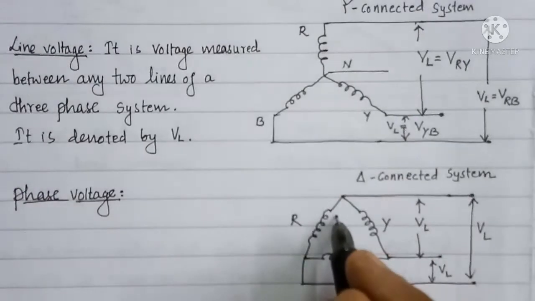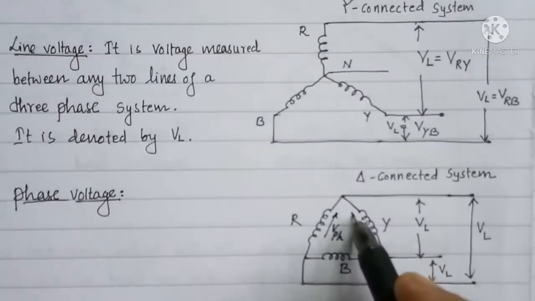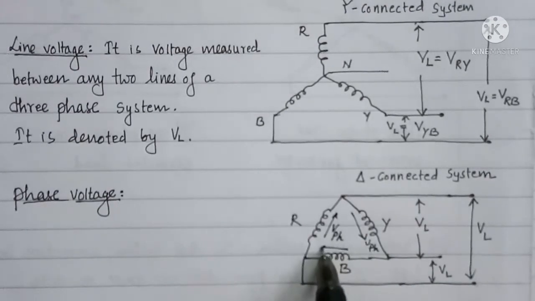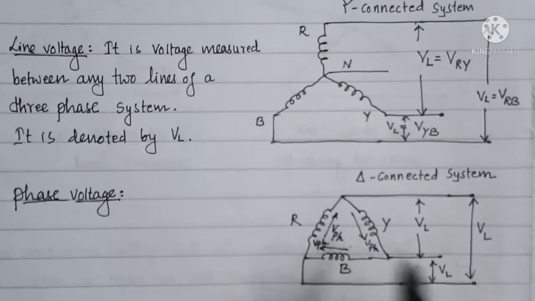So voltage measured here is VPH, and here also voltage measured is VPH. Across B phase voltage measured is again VPH.